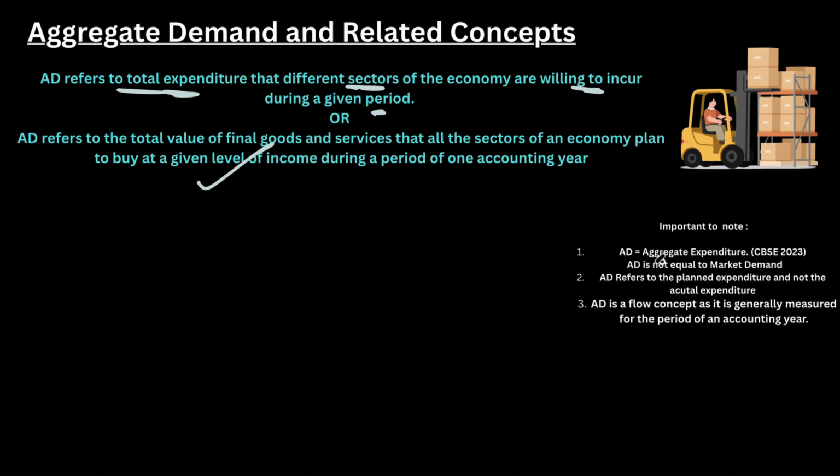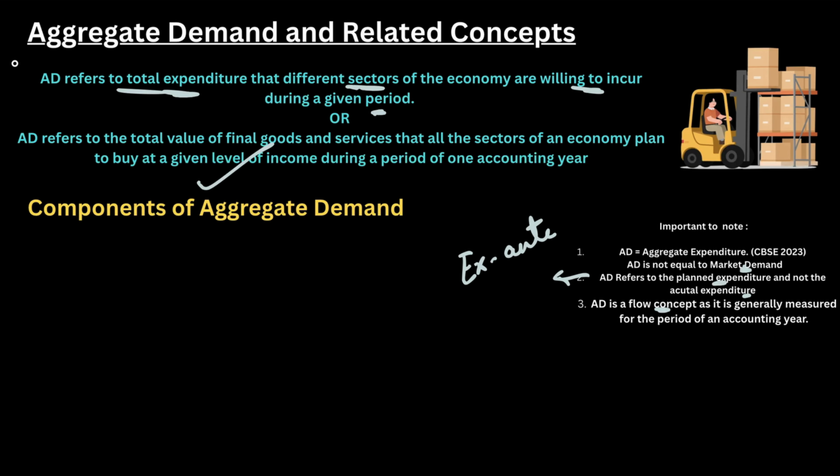Aggregate demand is not equal to market demand. Market demand, if you remember, we study in microeconomics, although AD is a macro concept. AD also refers to planned expenditure and not actual, because we study it as ex ante and not ex post. AD is a flow concept because it is measured over a period of time.